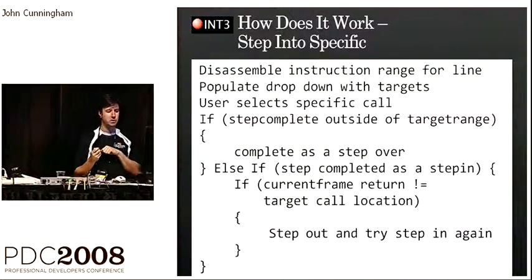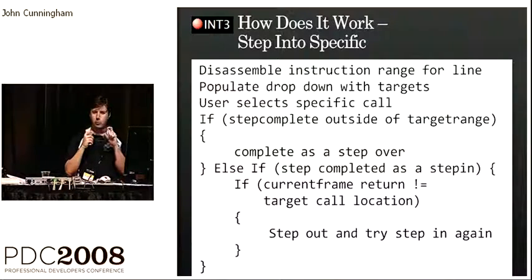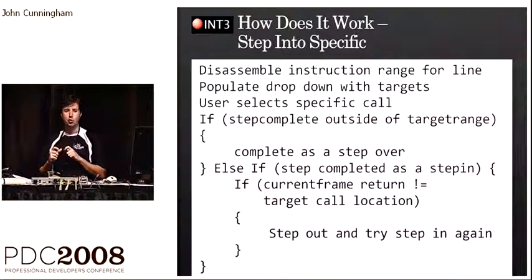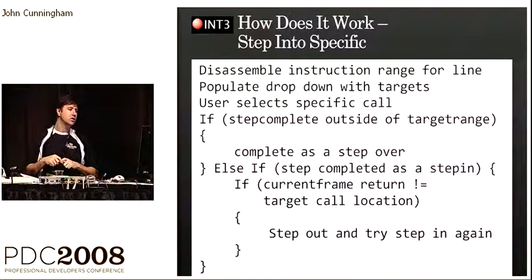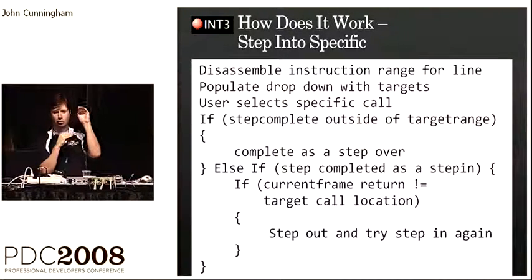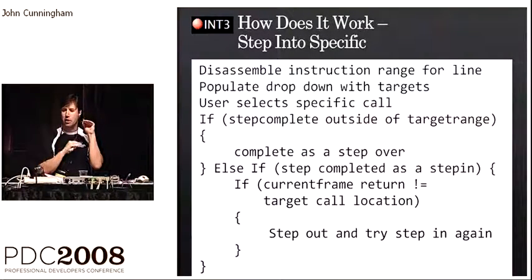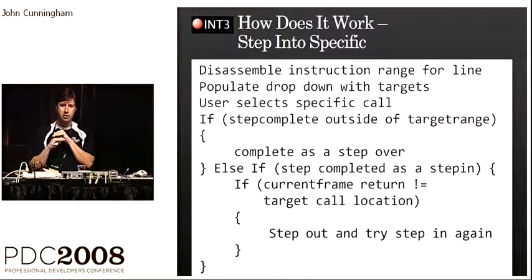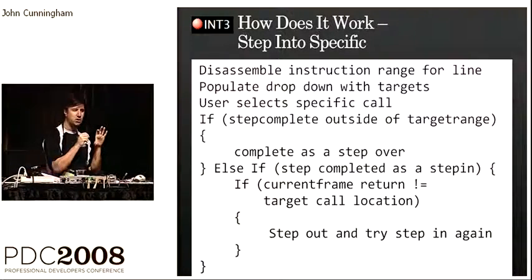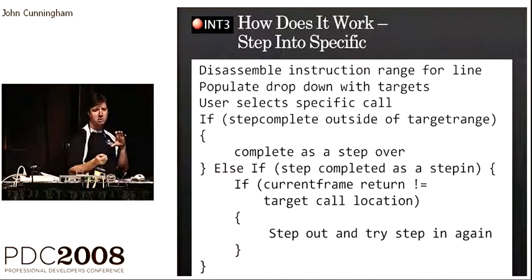In the case of step into specific, we have to do a little bit of understanding of the program about where we actually are. So we'll take a look at that particular range of code and disassemble the IL so we can find out all the different targets there. When you select a specific call, we again do the step into.